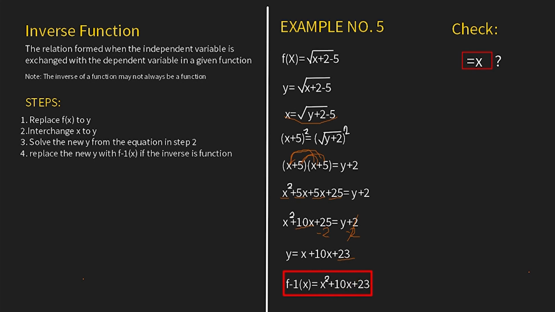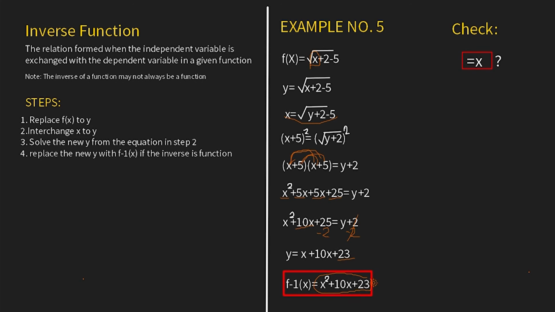Now, what I want you to do is you will be the one checking if our f inverse of x is equal to x squared plus 10x plus 23. Now remember that when we check, we will use the given function, but we will replace the given x with its inverse.